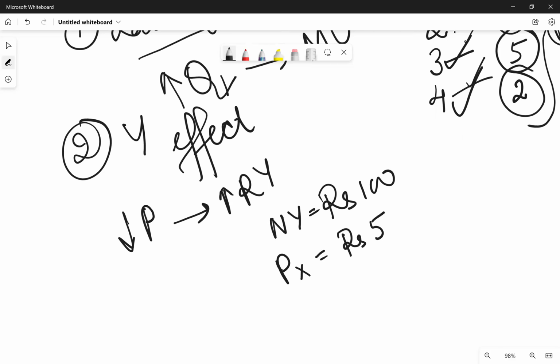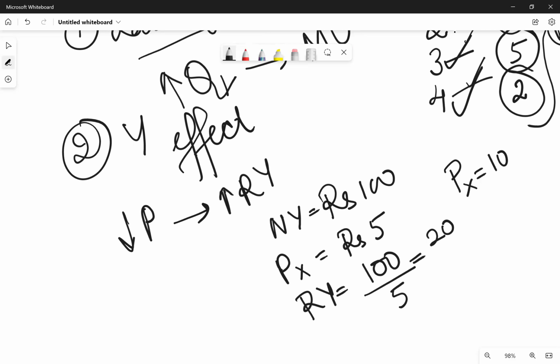So what will be your real income? Real income will be 100 by 5, which is equal to 20. Now, if your price, say, is 10, then in that case, your real income will come out to be 100 by 10, that is equal to 10.